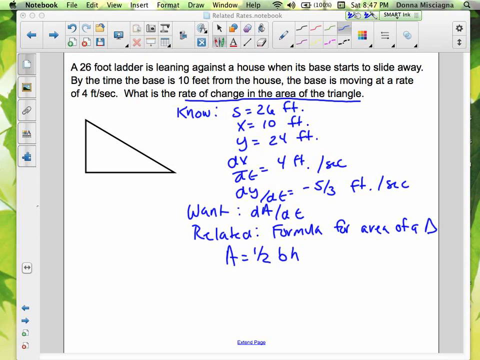I'm going to label that this is 24, this is 10, and this is 26. This would be the base, and this would be the height. Do not do any substituting until you take the derivative. So again, implicit differentiation with respect to time. That's our next step.